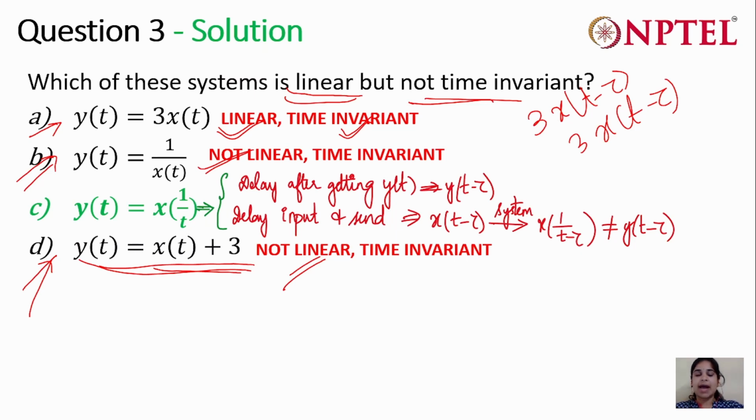So this and directly delaying the output, they both are not the same. So delaying the input and sending it to the system and directly delaying the output, they are not the same. So this is a time variant system. The answer for our question is option C. It is linear but not time invariant.